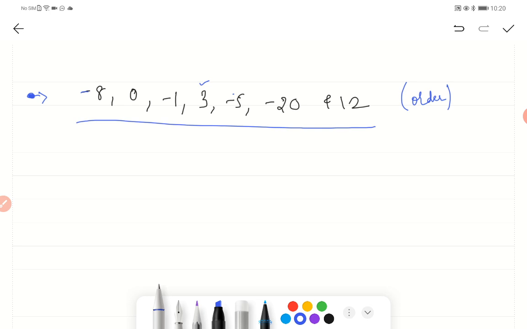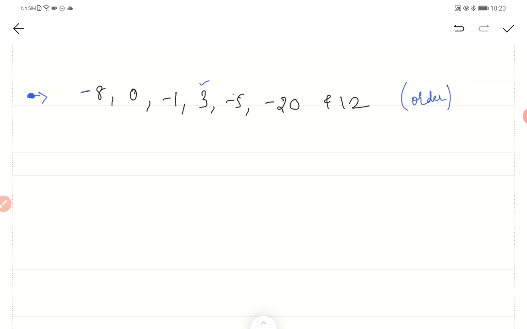Okay, so we have these many integer numbers. We did this in the last video, but I'll take it again one more time. Whenever you are given integers, first you need to do one thing: separate your positive integers.